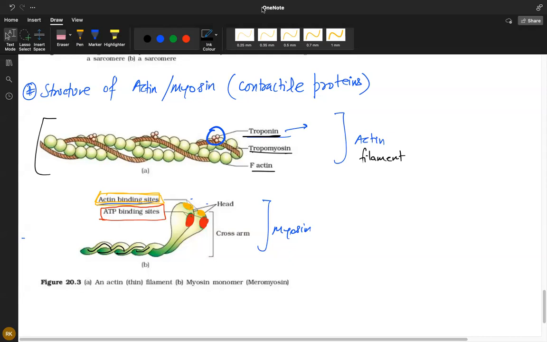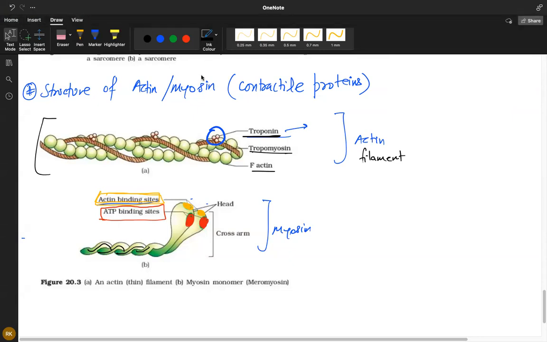Devangi's question is, when the muscle is relaxed, myosin will not bind to actin, so will it affect the striated appearance? It will change the appearance a little between contraction and relaxation. But the striated appearance will still be there because though it is not bound, it is present.